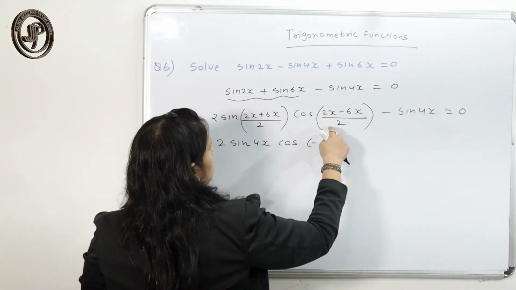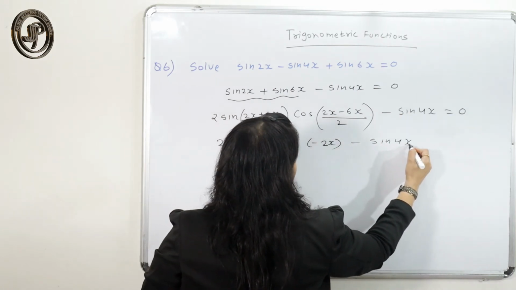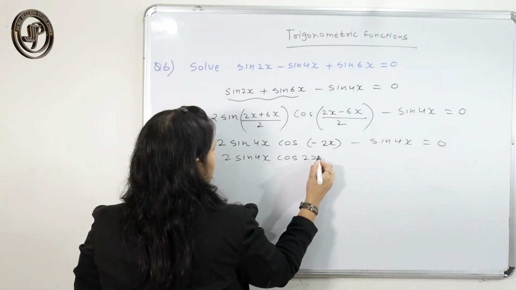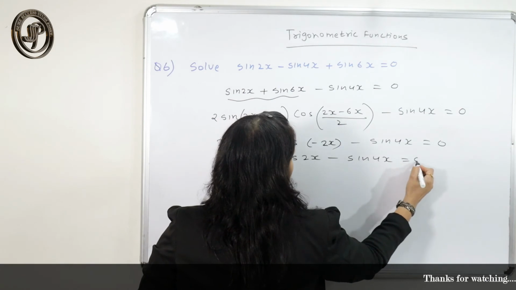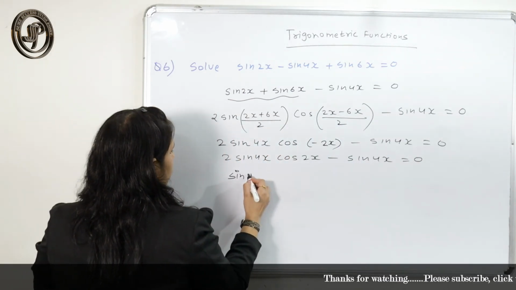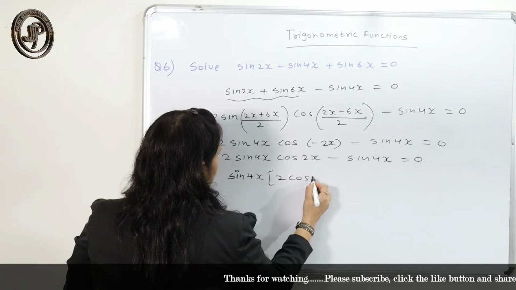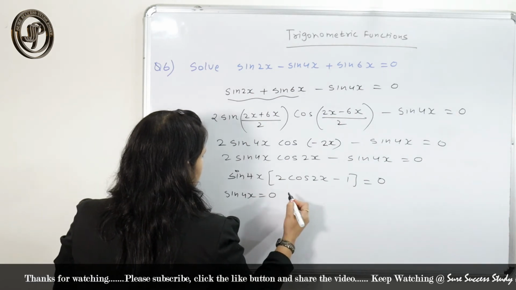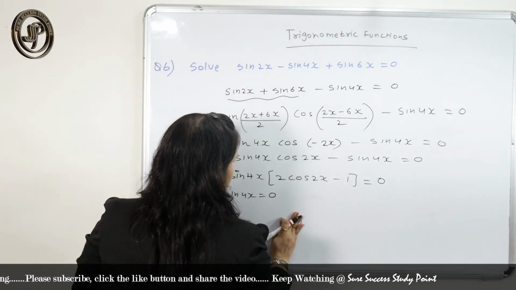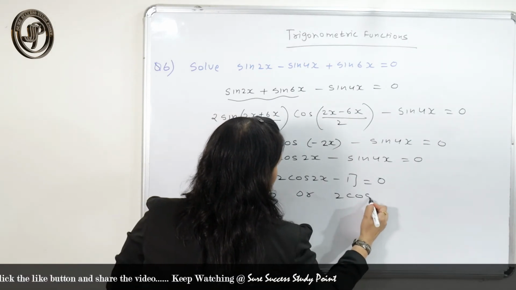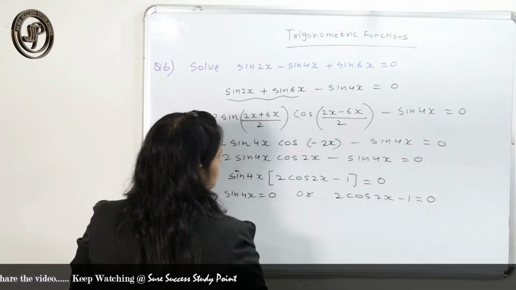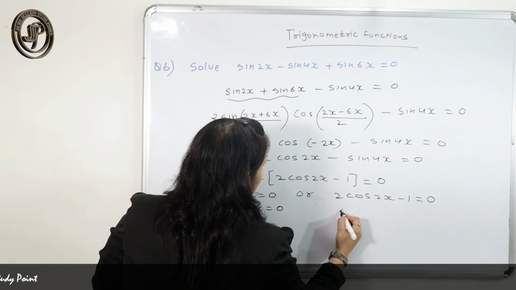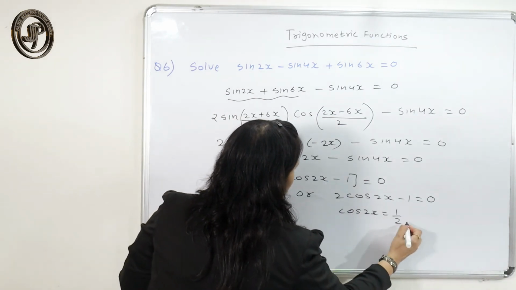So it will be minus sin 4x is equal to 0. Here I can write 2 sin 4x cos 2x, since cos minus theta is cos theta. Okay. Now I can take sin 4x common. So it is sin 4x times (2 cos 2x minus 1) is equal to 0. So now sin 4x is equal to 0 or cos 2x is equal to 1 by 2.